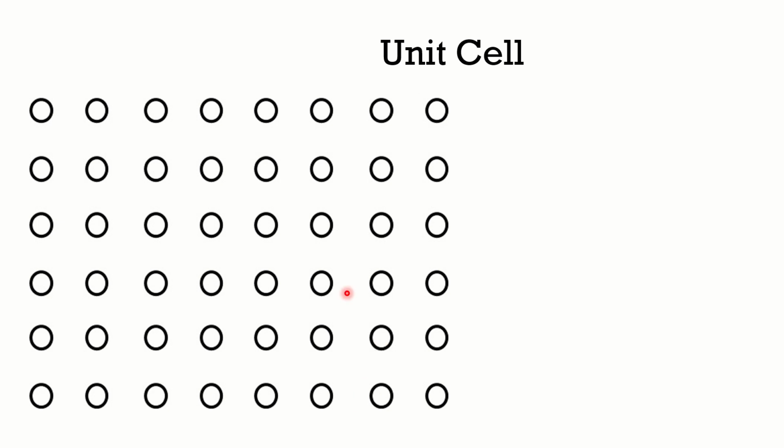Now, let us discuss the concept of the unit cell. Suppose this is a two-dimensional arrangement of geometrical points, or a 2D lattice. Now, in this 2D lattice, let us consider this small space.